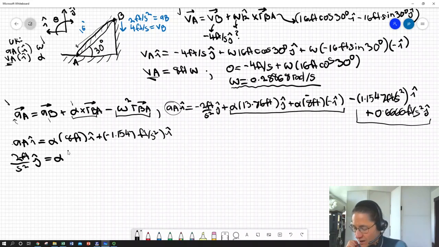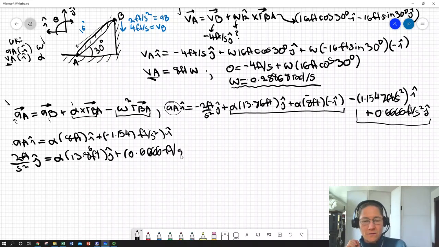So this is going to be alpha times 13.866 feet j hat, and then we have this term over here, the 0.6666 feet. Something was a 2/3 term somewhere.